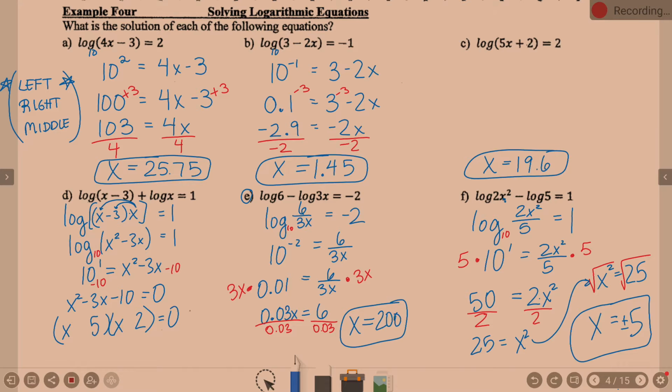If it multiplies to be a negative, I know one of them is negative. If it adds to be negative 3, the bigger number is negative. Am I done? Are these my answers? No, you gotta finish it up. And we finish it up by setting each part equal to 0. So x minus 5 equals 0. X plus 2 equals 0. What answers do I have? 5. Okay, if we add 5, we get 5. If we subtract 2, we're at negative 2.